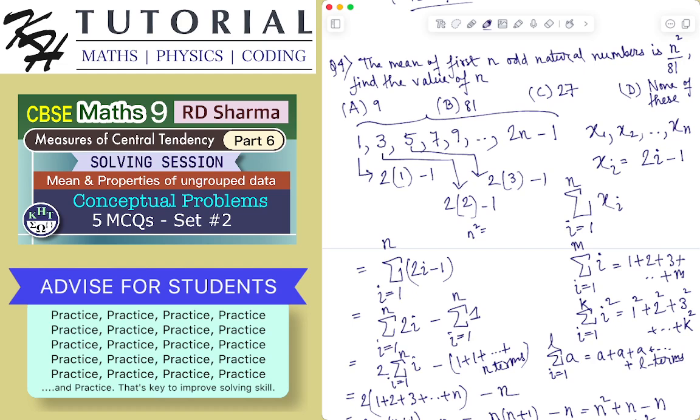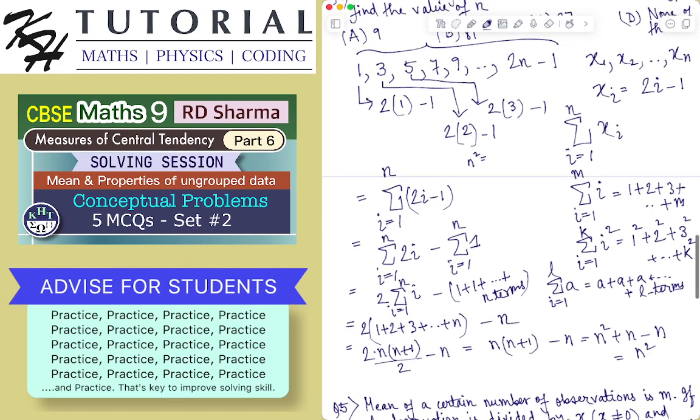I can write it as summation of 2i minus summation of 1. In summation of 2i, I can bring the constant 2 outside, and it becomes 2 into summation of i, which is the sum of the first n natural numbers, 2 into n into n plus 1 by 2. The 2 cancels out.